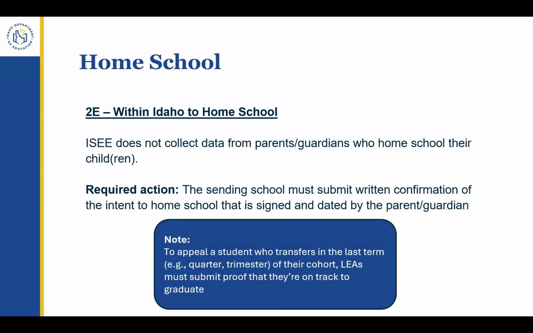So to make this really clear, homeschool documentation should not be needed for a dual enrolled student, and a dual enrolled student should not be coded as 2E. Only a student that's leaving your LEA to homeschool should be coded as 2E.